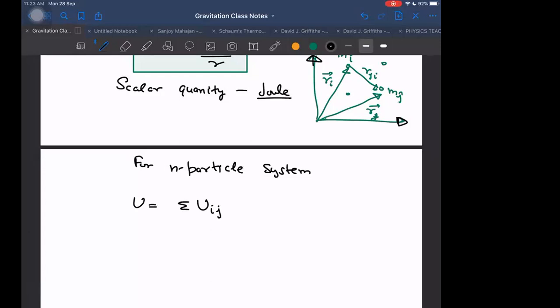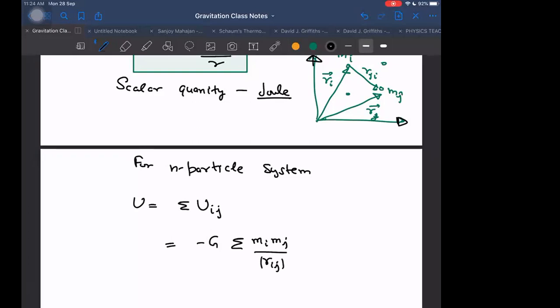That interaction potential energy between two particles, if we keep on adding all such pairs, then I will be getting the net potential energy, which will come out to be minus G into sigma Mi Mj divided by the magnitude of Rij.